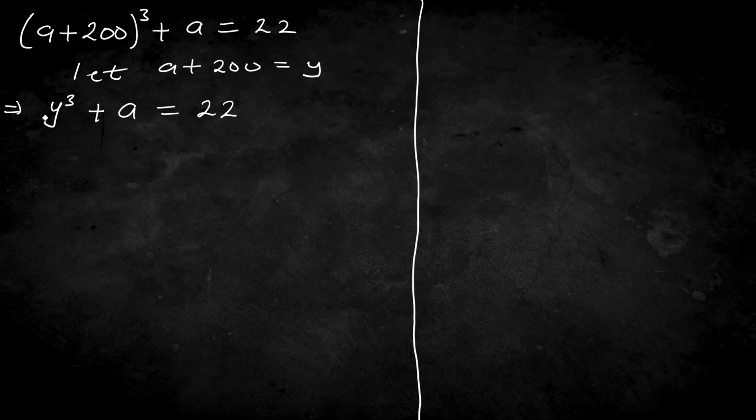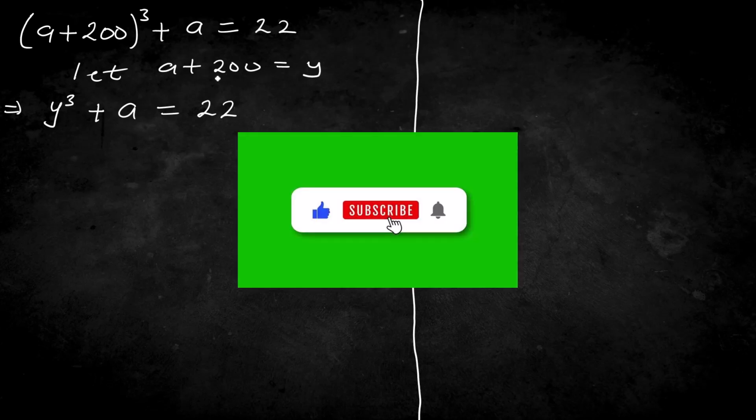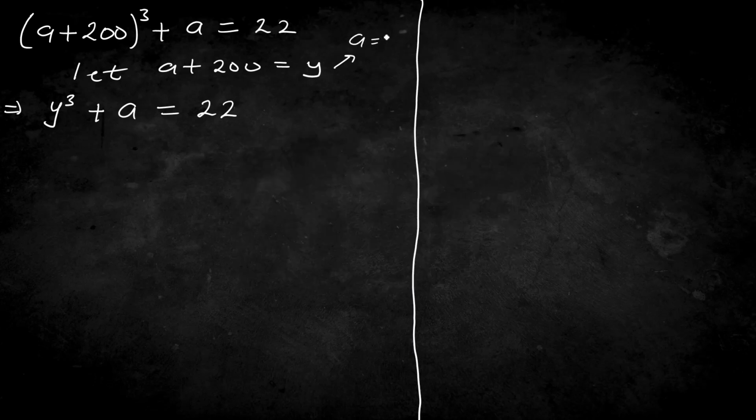Let's bring a here. From here we can make a the subject. So a is the same as y minus 200.